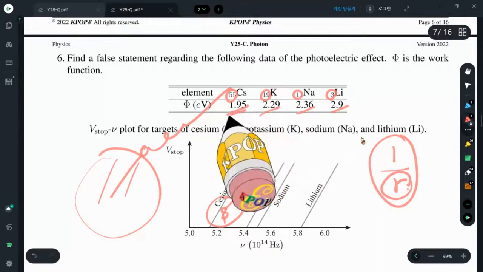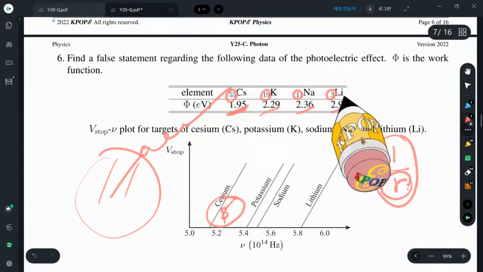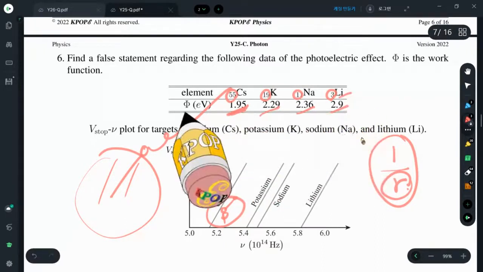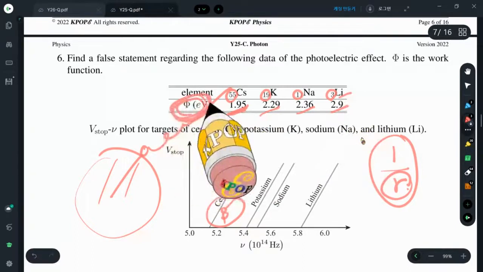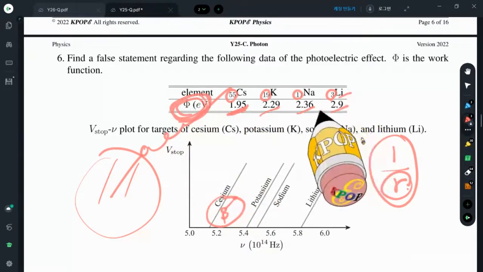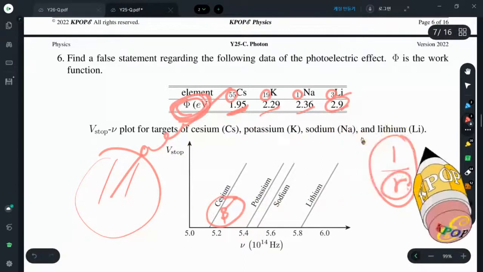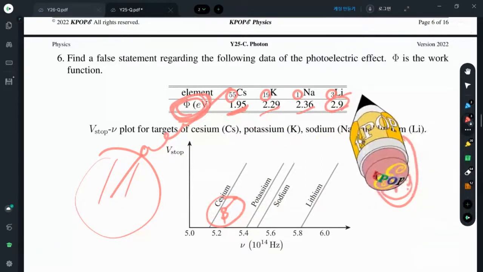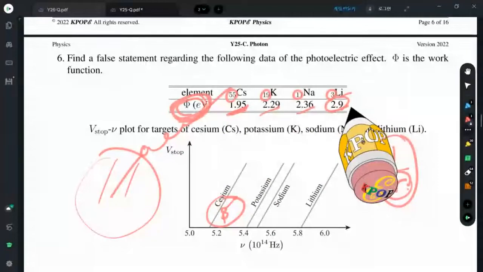You can see, big, small, the energy required to detach an electron, called the work function, increases as the size of the atom decreases.